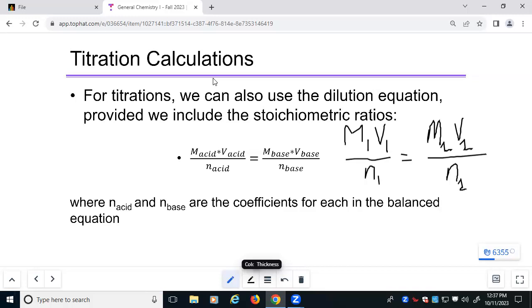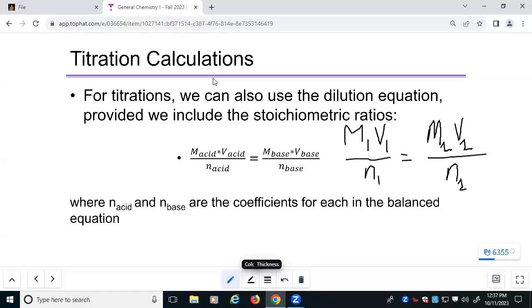That's the only difference between this and the dilution equation, is that this has that stoichiometry in the denominator. If we take that convention into consideration, if I know the concentrations and the volumes of each of my things, I can use those to solve for each other.